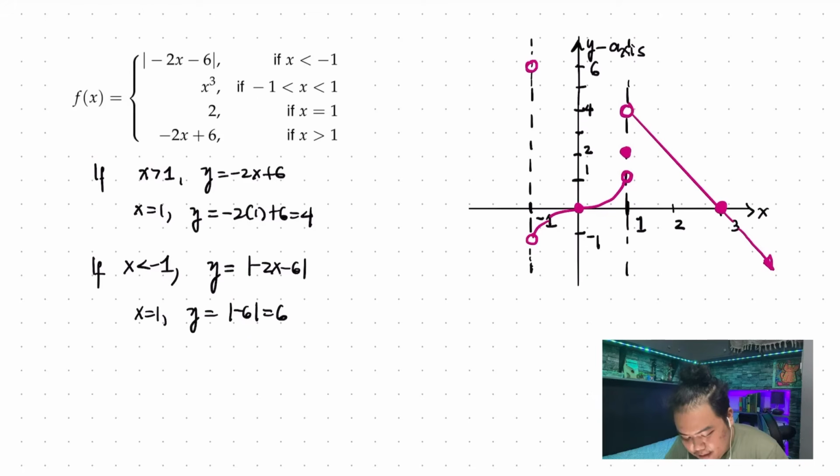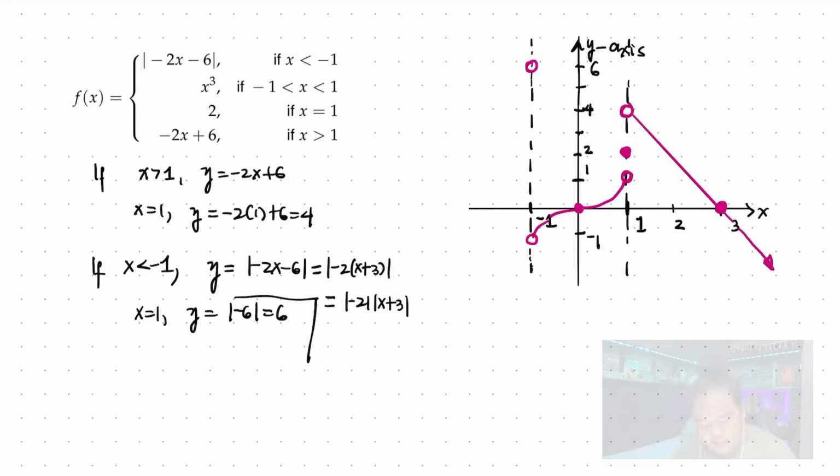Tapos, ano kaya itsura niyan? Sulat nga natin ng mas familiar form. Let us factor out negative 2. Pwede mong ilabas yung negative 2. May property yung absolute value na absolute value ni AB is equal to absolute value of A times absolute value of B. In-apply natin siya dito.